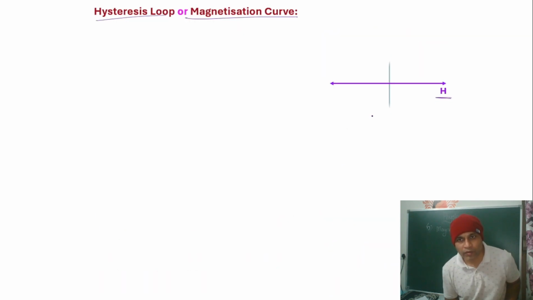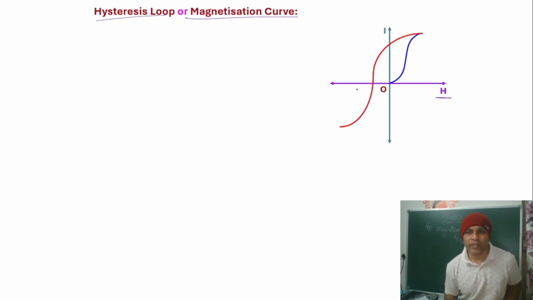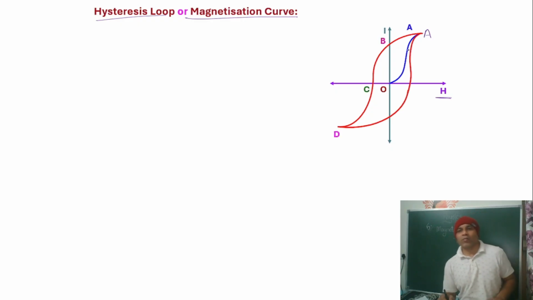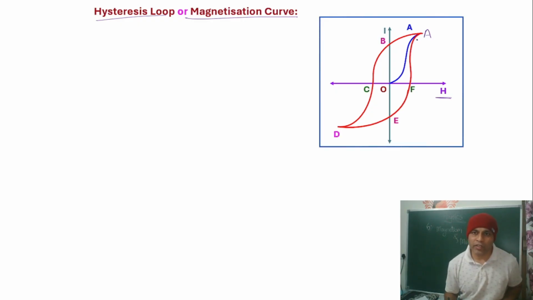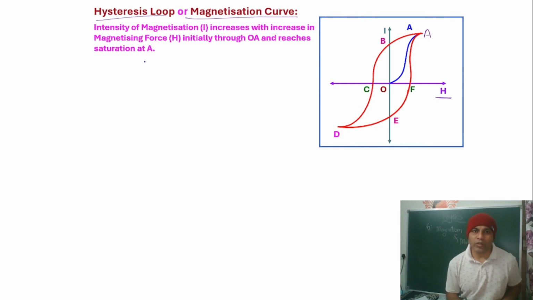So when we plot intensity of magnetization versus the intensity of magnetic field H, we can see that from zero up to OA it increases linearly with H, but then it reaches the saturation point.